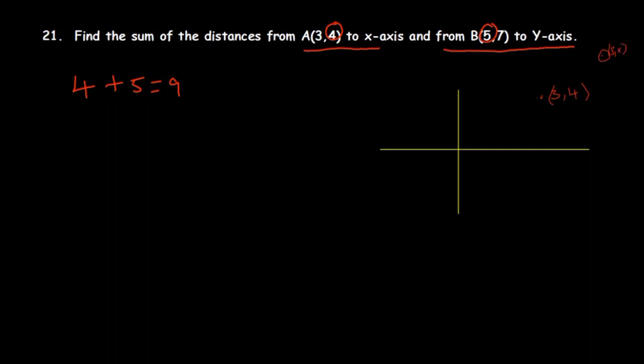The question is asking from the x-axis, 3 comma 4 from the x-axis, you can check this distance, it is 4 units from here. So 0 to this point is 4, and for the y-axis, 5 comma 7 they gave, so it is 5 units. So joining 4 plus 5, which is equal to 9 is the answer. It's a very interesting question.